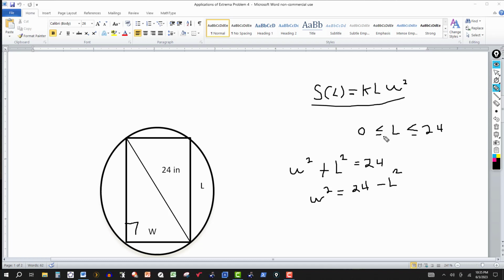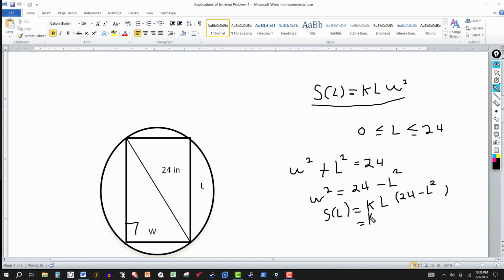So the function S of L can be given by the constant, and we don't know what this constant is. All we know is it's a positive number since it's directly proportional. Then we have L, and W squared can be replaced by 24 squared minus L squared.